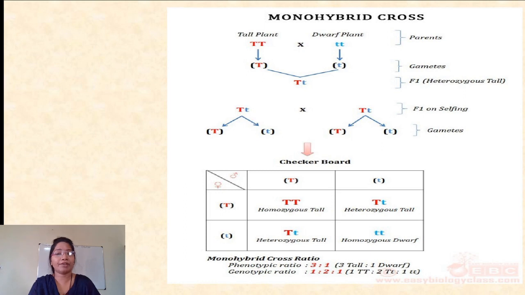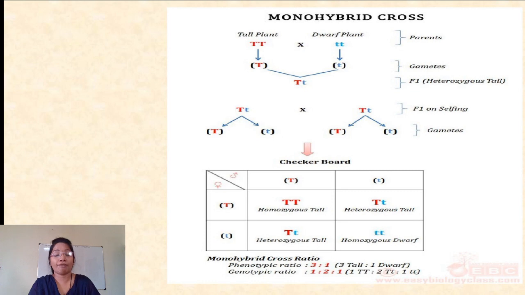Whenever we study a particular cross of genetics, we have to keep in mind that there are some terms such as parents, gametes. This example indicates the steps. The pure tall and pure dwarf plants are the parents. Then the capital T and small t are the genotypes of the parents. Next, from capital T, we got single capital T as gamete.